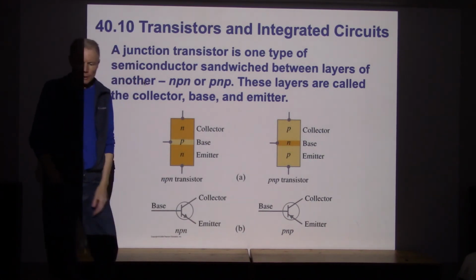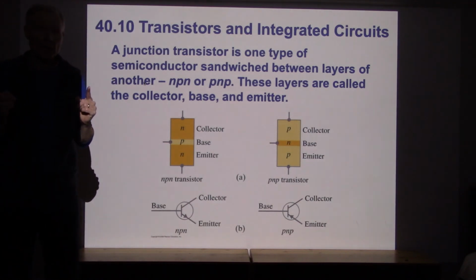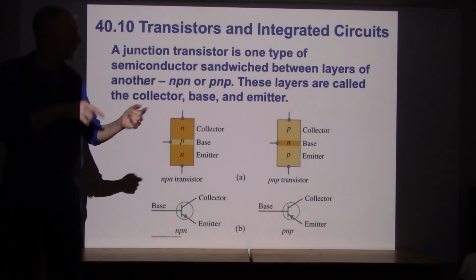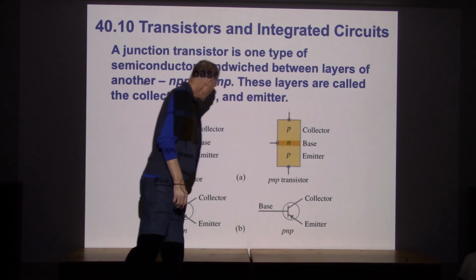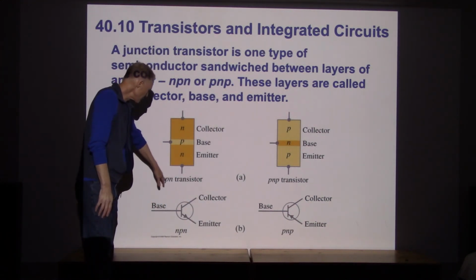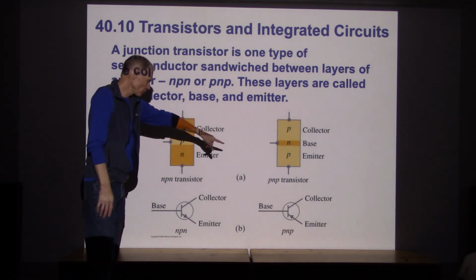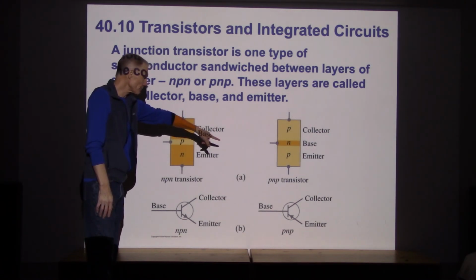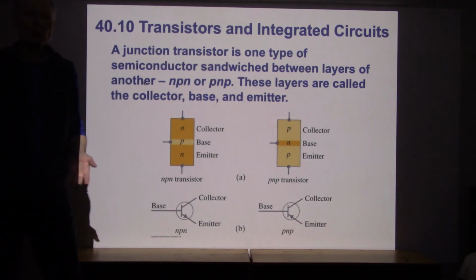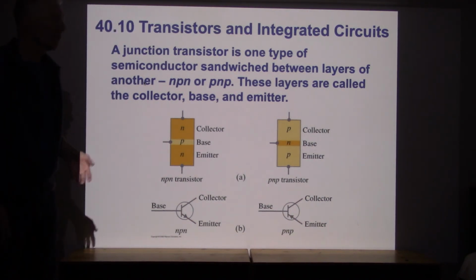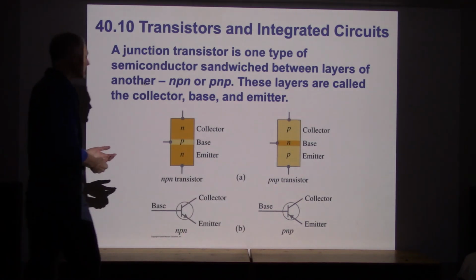So instead of just an N and a P like the diode, they have an NPN, and they have a PNP. So this is an NPN transistor, or the other possibility here is a PNP transistor, and they both become important switching devices. And by switching, what I mean is this.